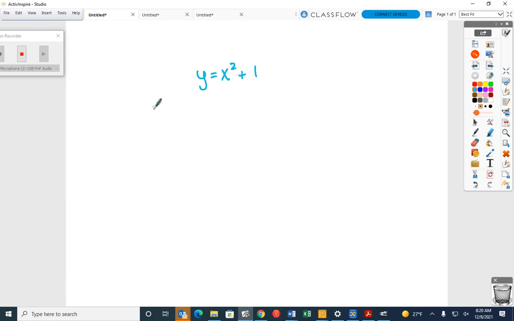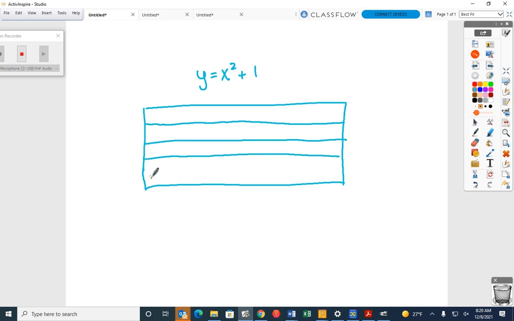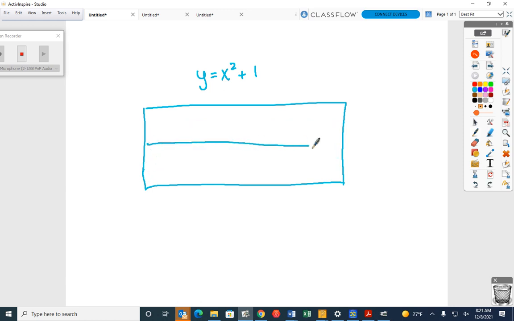Now, if you remember, when I make my table, instead of 4 points, how many do I have to have for this one? I have to have 5 points. I'm going to do this one this way. I have an x value, and then we'll call this f of x.